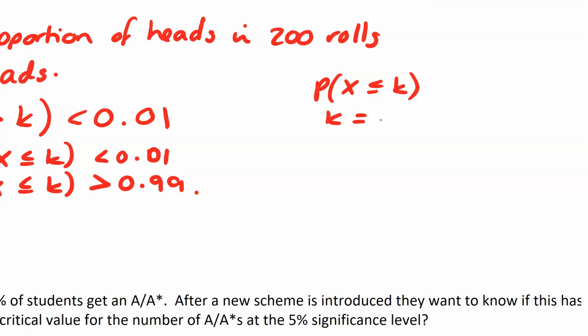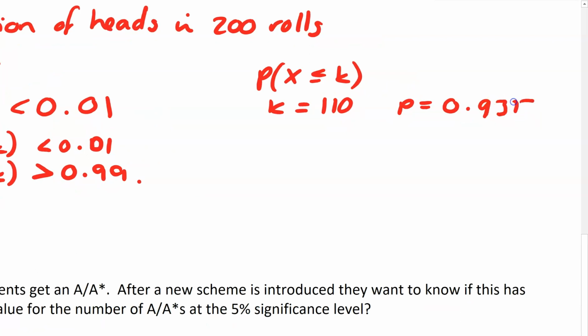So if we test out 110, the probability is 0.9313. Okay, that's not as high as I need, so let's say 115. That is 0.9859. Pretty close, so I'm just going to go up one more.